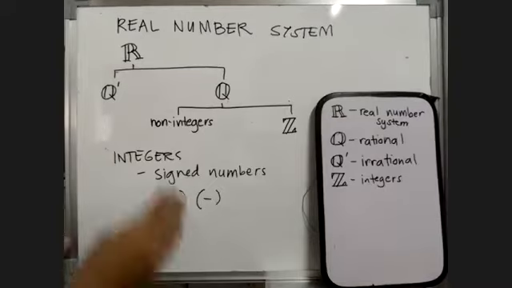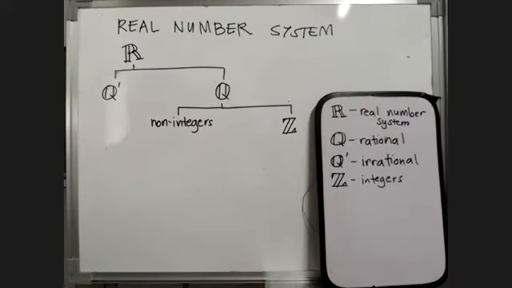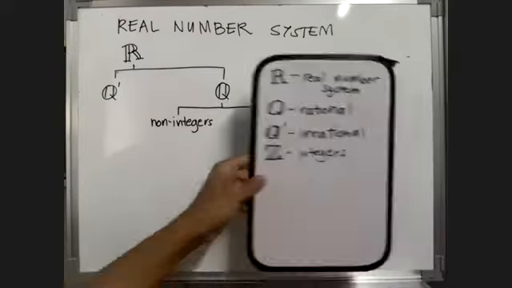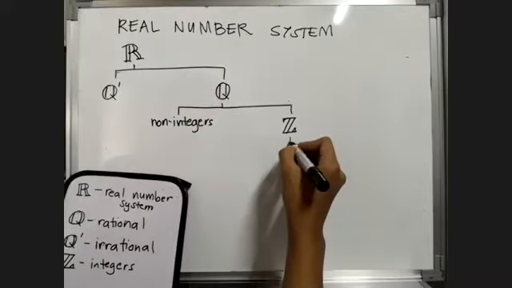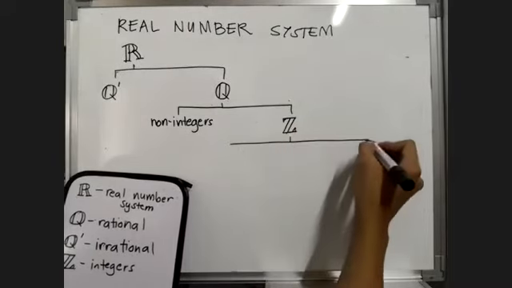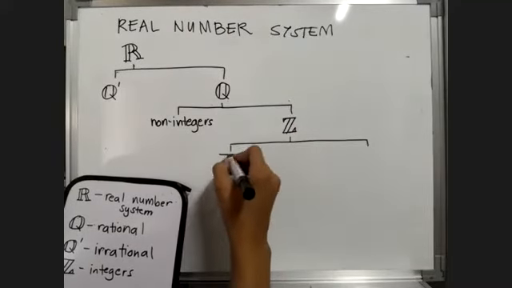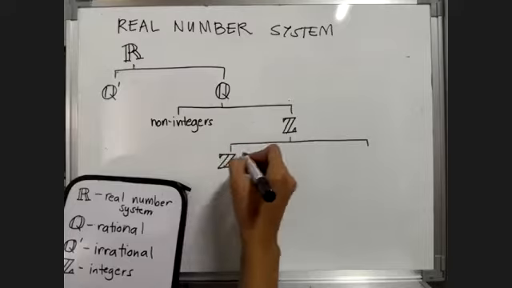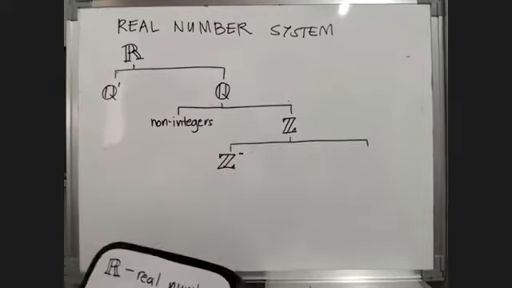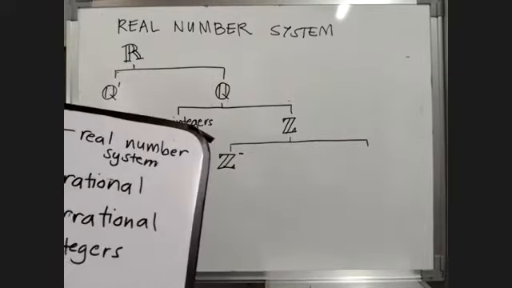I have, ka-under kay integers, negative numbers or negative integers and whole numbers. So, naka-under kay integers, si negative integers. Z na may negative sa taas, so yun si negative integers.